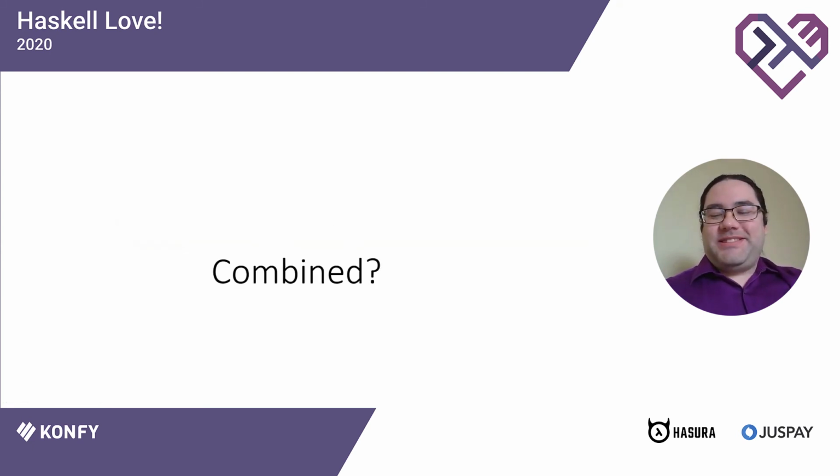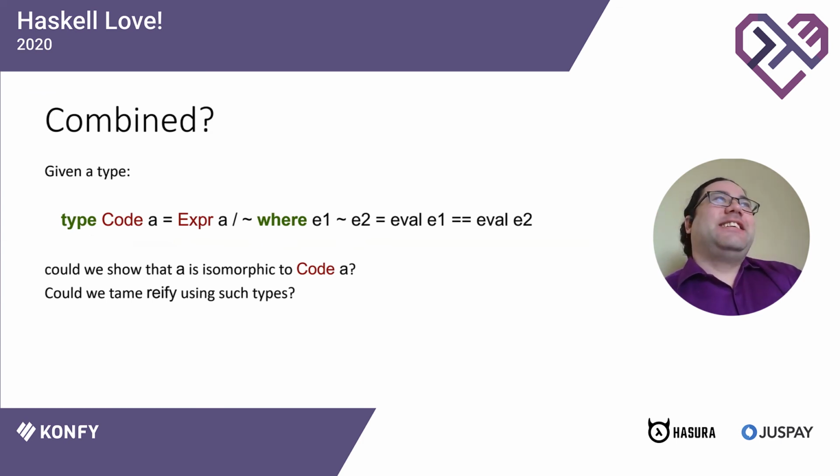So what happens when we combine these things? As I said, this is just kind of ideas and thoughts. This actually came out of a conversation I had with Ed Kmett after ICFP 2018 on the train ride to the airport.